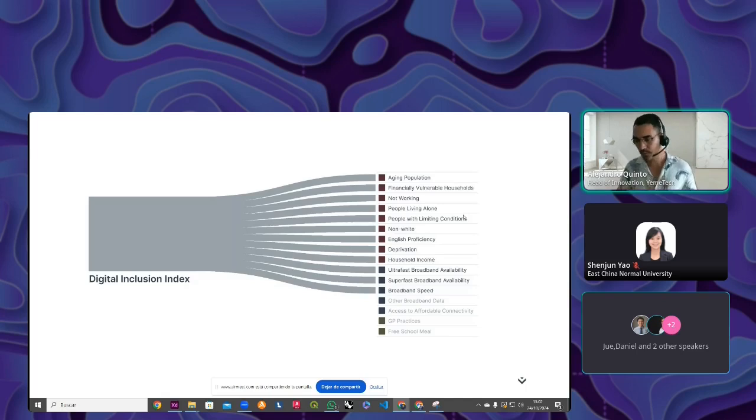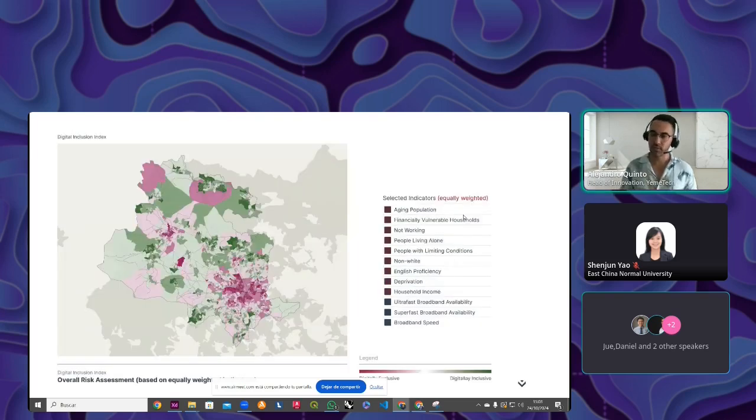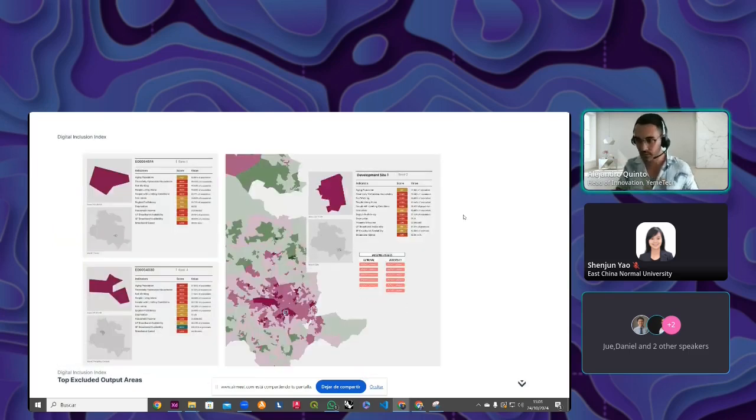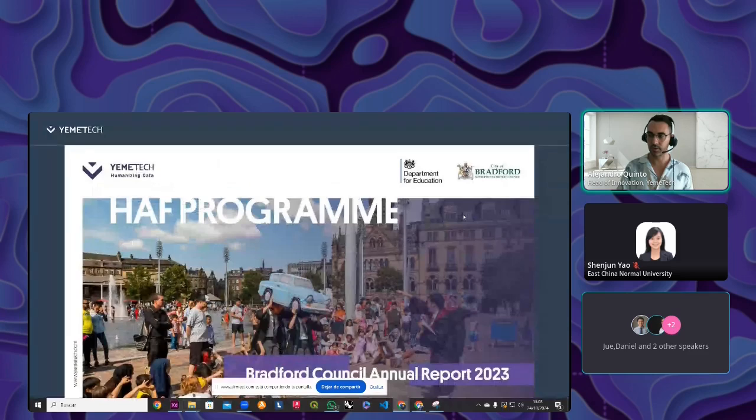We work with the communities to identify which are the variables or indicators that might be critical to understand this phenomenon. And then we map those and create the necessary tools for, on one side, the community and, on the other side, the council and the municipality to start to strategize action in the place.